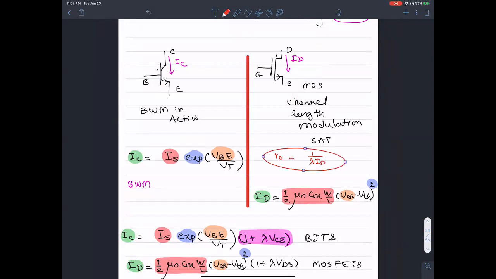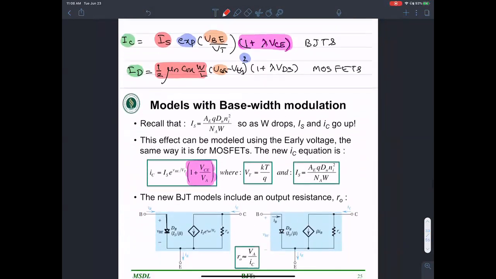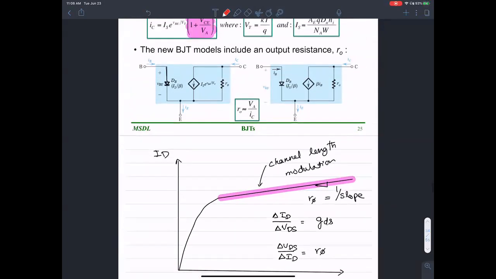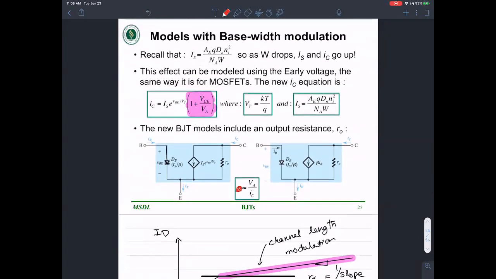R naught is 1 over lambda ID in MOSFETs. Similarly, in BJTs, you can find R naught is 1 over lambda IC. That's exactly what you'll find here.